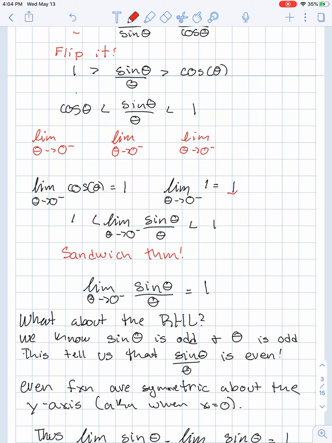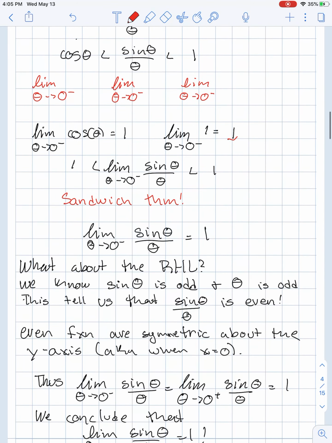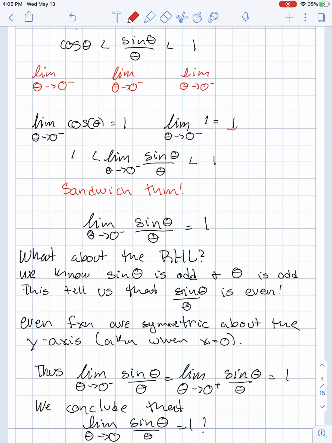So now I have that 1 is less than or equal to the limit as theta goes to 0 from the left of sine of theta divided by theta, which is less than or equal to 1. Well, sandwich theorem says that the left-hand limit as theta goes to 0 of sine of theta divided by theta has to equal 1, right? That's what the sandwich theorem says, it has to.